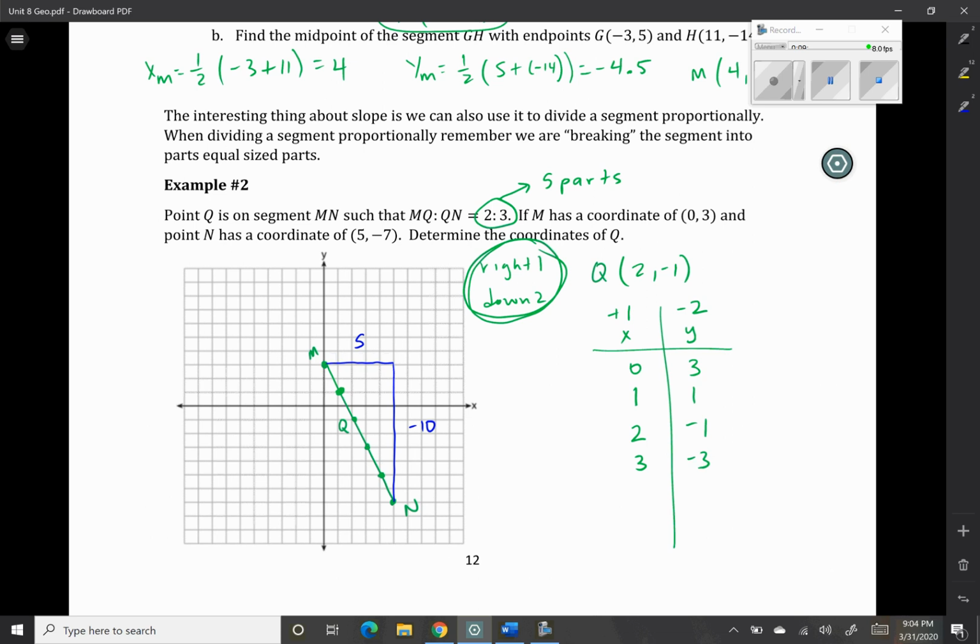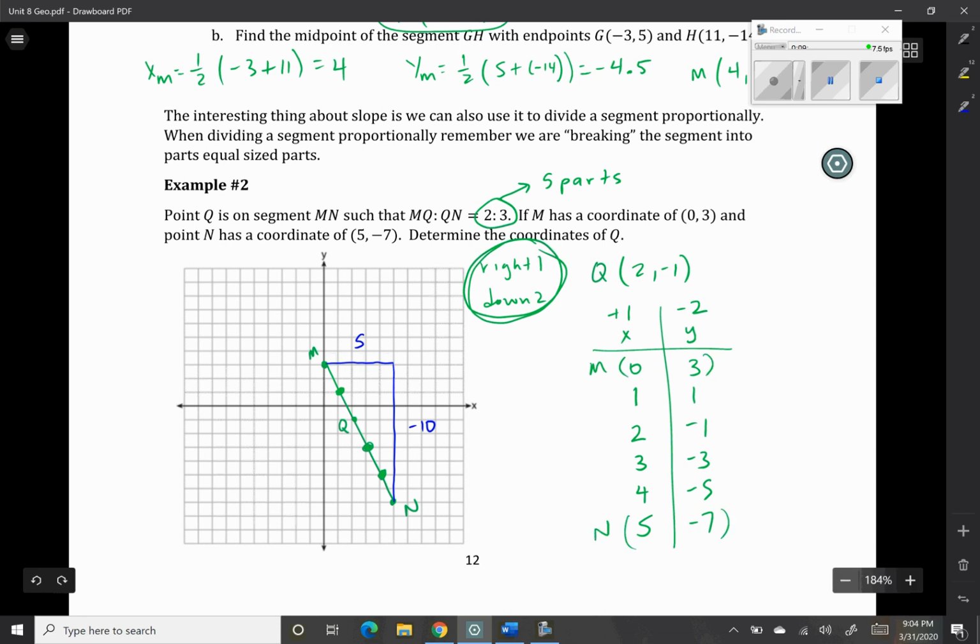Notice that's this point here. If I add 1 again, I'm at 4. Subtract 2 again, I got negative 5. Notice that's this point here. If I add 1 again, I'm at 5. Subtract 2 again, I have negative 7. So now I've gotten to the point N. This is point M. And this is point N.